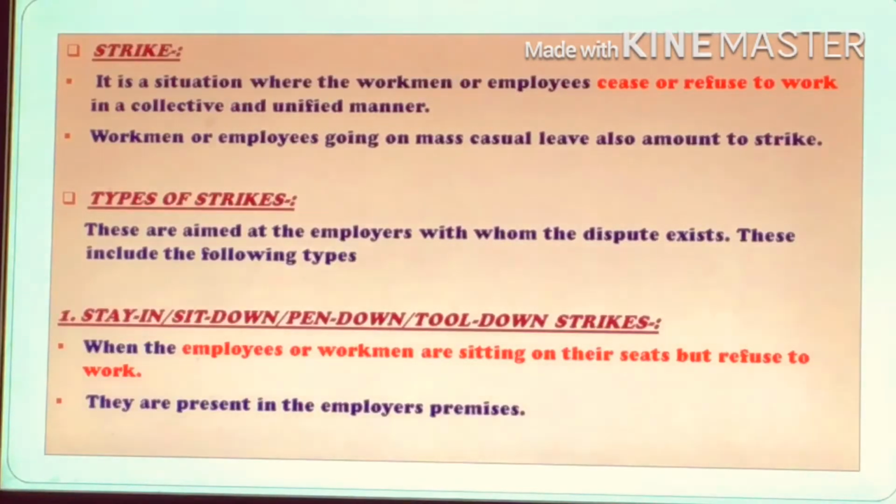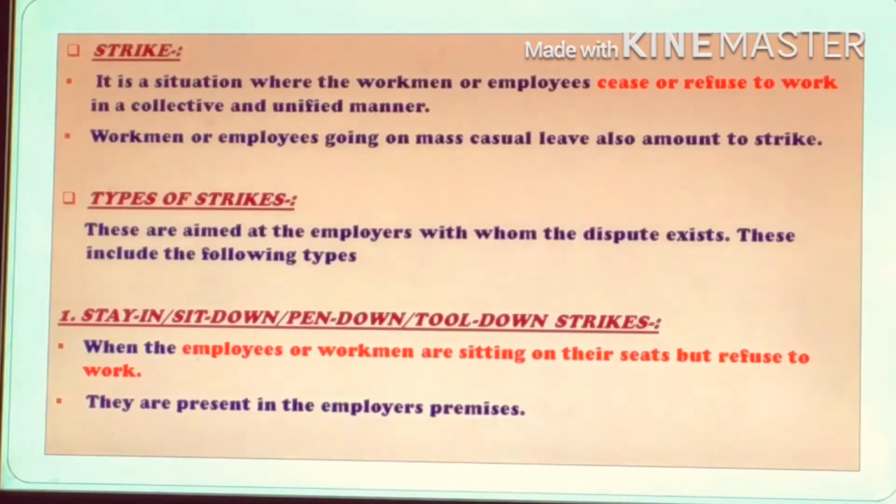So first we'll understand what is strike. So strike is a situation where the workmen or employees cease or refuse to work in a collective and unified manner. They deny to work in a collective manner. Togetherly they deny to work.